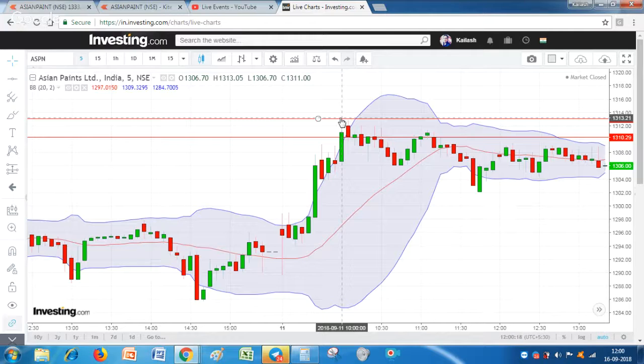Let us say there is a risk of 3 rupees. Suppose we are selling below 1310. We have to see how far the Bollinger Band is. Here the level is quite far away, so this is a right selling trade.